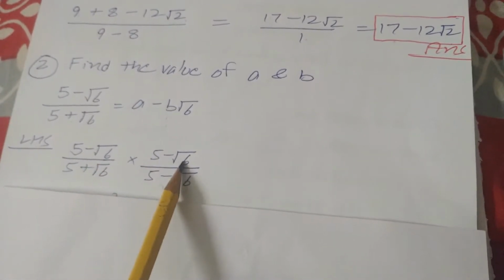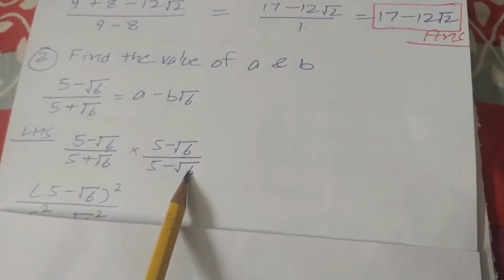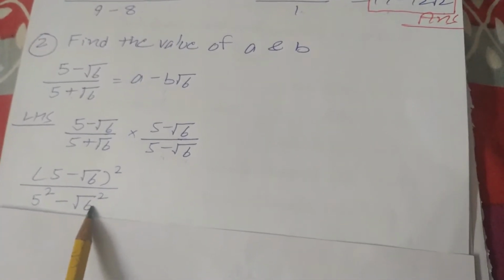a minus b becomes (a minus b) whole square. a plus b times a minus b is a square minus b square.